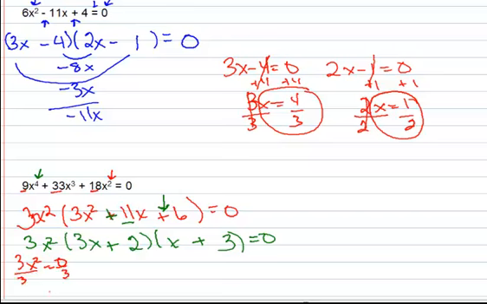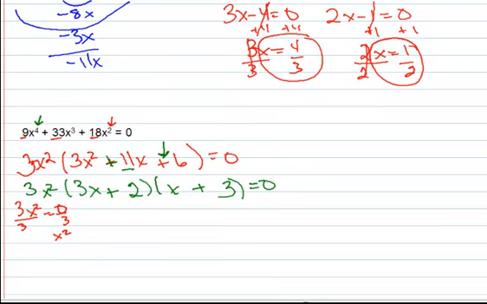I'm going to do this the long way. X squared is equal to 0. Then we take the square root of each, and we've got x is equal to 0. So we kind of did the long way there, but there you go.